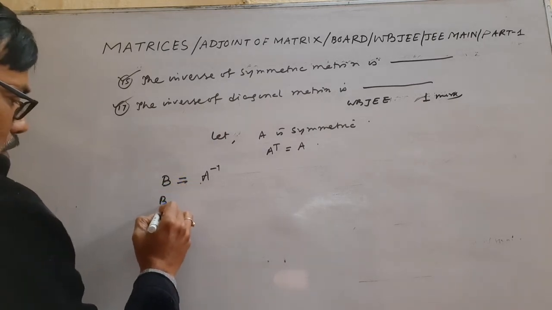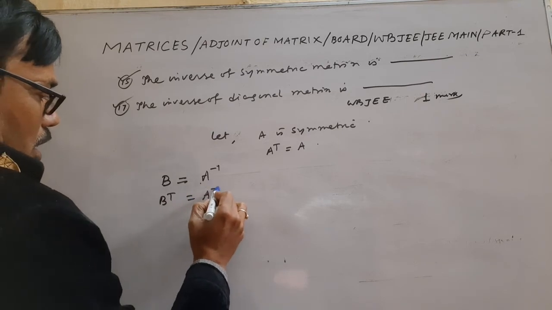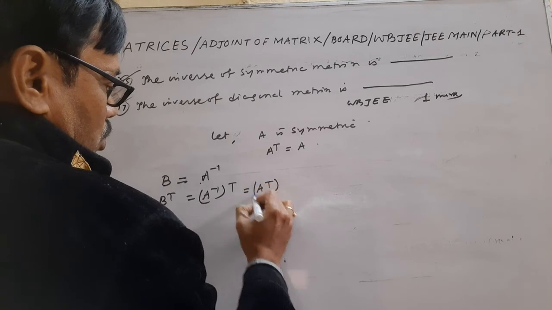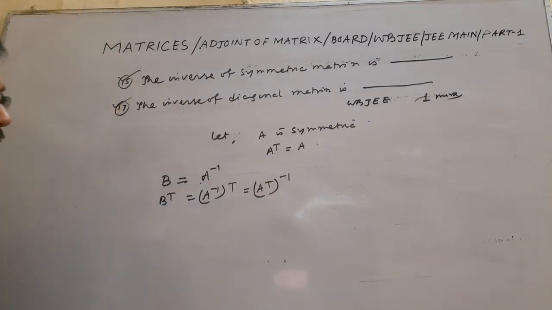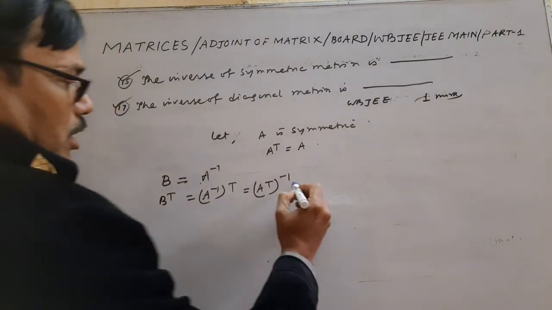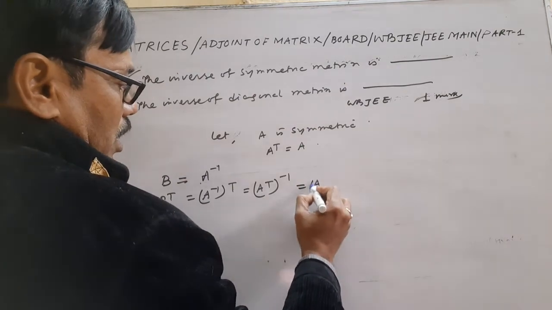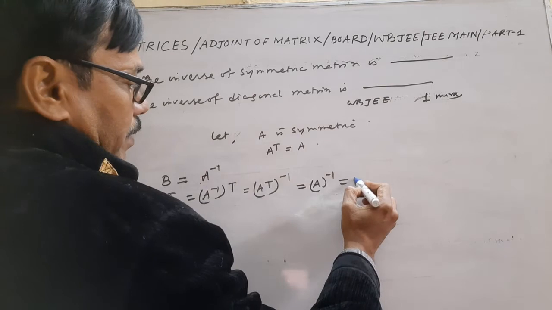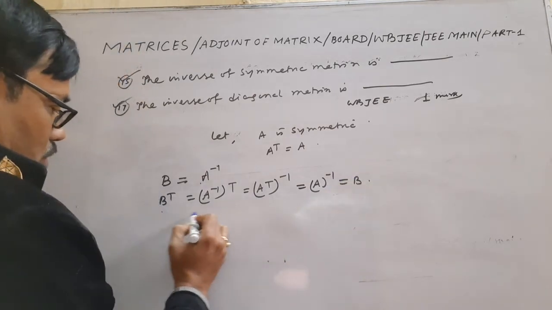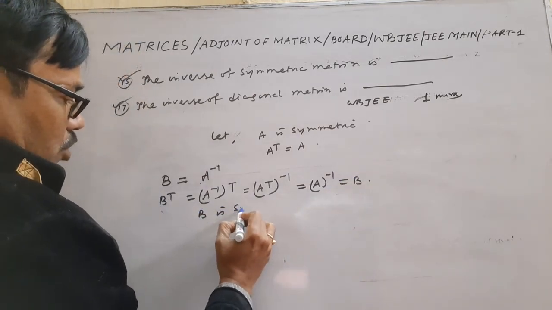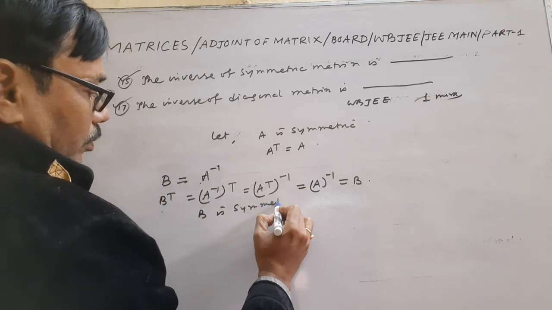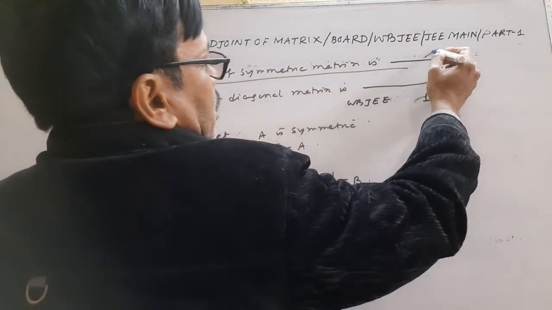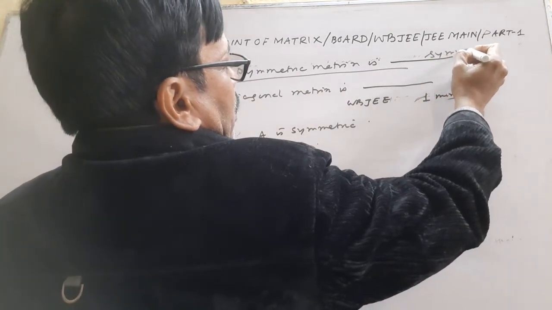So what is B transpose? A inverse into transpose. So this is A transpose into inverse, property of inverse. Now what is A transpose? A. So A to the power minus 1, this is B. So B transpose equals to B. So B is symmetric. So this is a theorem: the inverse of symmetric matrix is symmetric.